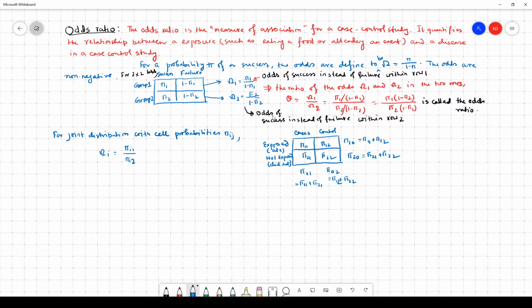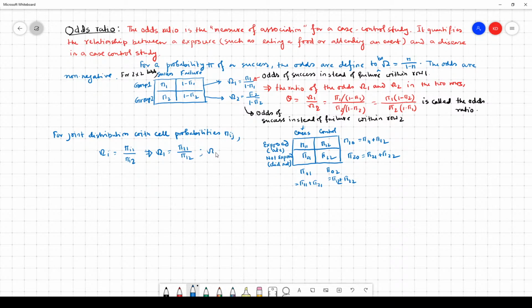Just look at this. For omega 1, the exposed group, suppose I consider the effect, that is cases, as a success, then pi 1 1 is the success probability for that group, and failure should be pi 1 2.